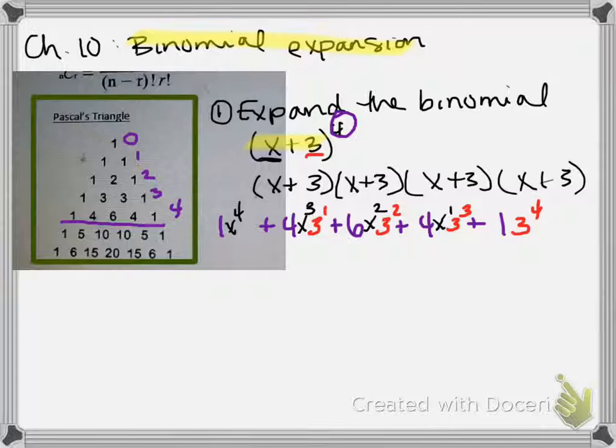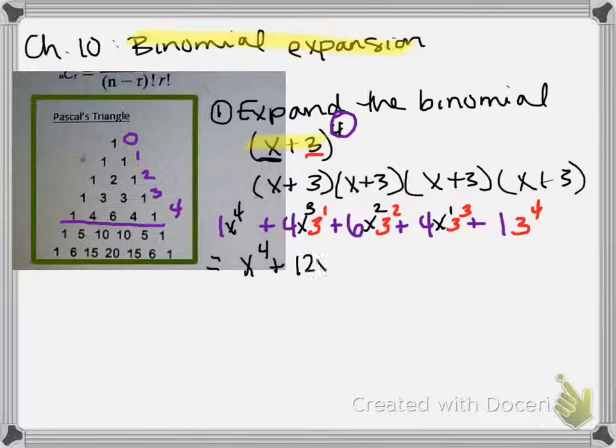Okay, and then I have to actually figure out, well, 1 times x to the fourth, that's just x to the fourth. 4 times x cubed times 3 to the first, well, what's that?